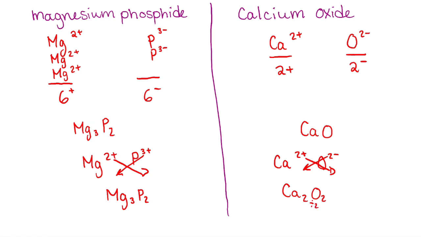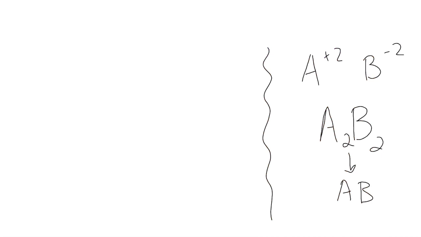So you need to then divide this by 2 in order to reduce it to get CaO in the final form. Okay? So again, this is a shortcut. It's not meant to replace balanced charges. Balanced charges helps you to understand how many of each element are needed to balance out the charges of each other. So that was kind of what I just showed you.